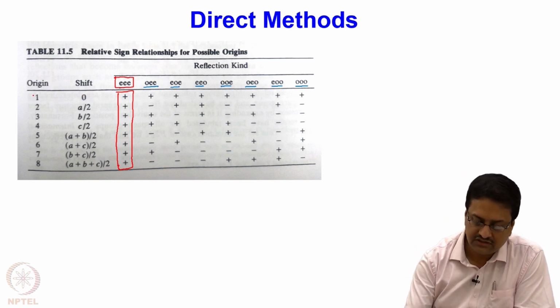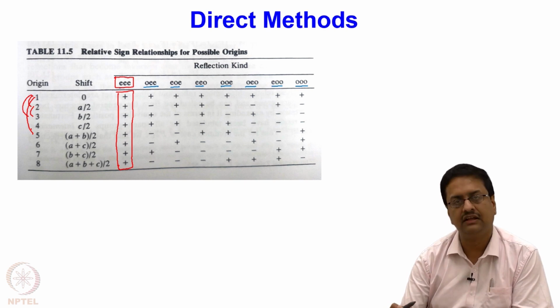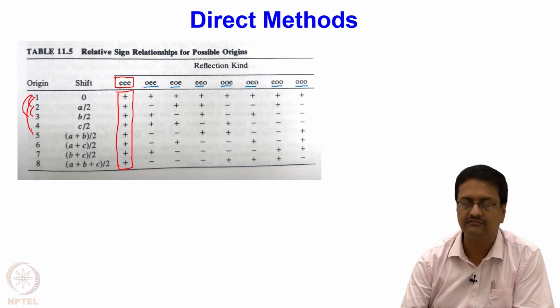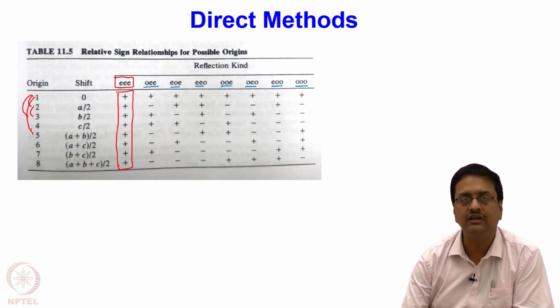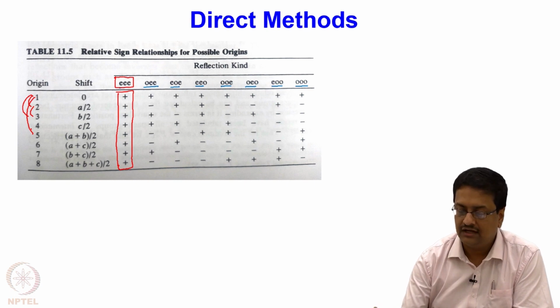So any shift of origin from 1 to 2 or 1 to 3 or 2 to 3 or 1 to 5 or whatever does not change the sign of these phases. So it means that the reflections with all even integers, that is all even H, K and L, are structure semi-invariants and their phases cannot be changed in any condition.